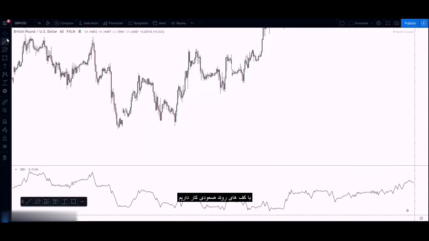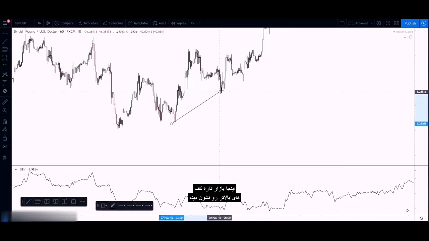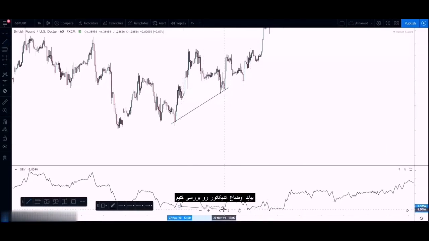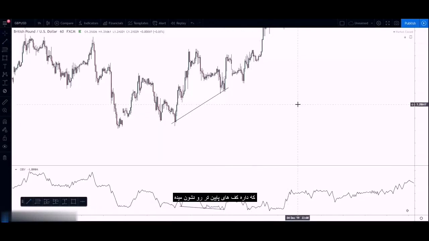Look at this. Market is making higher lows here on this uptrend, as you can see. Trend is going upwards from this point. Let's take a look at the OBV. OBV is making lower lows. So now we have opposites happening from the bottom on an uptrend. That is bullish hidden divergence.